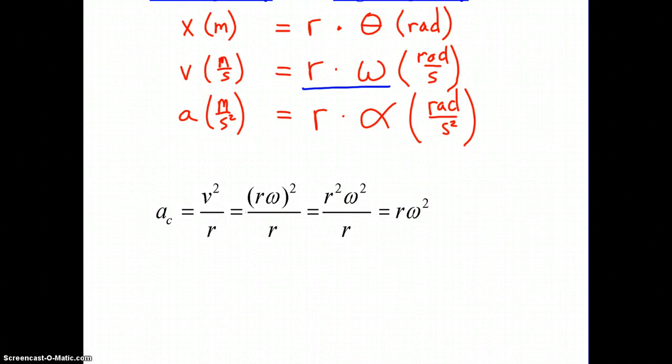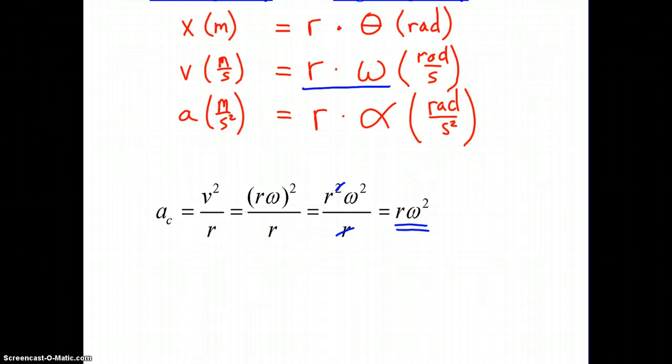So in place of v, we substitute r omega. We then square it and place it over r. (r omega) squared would be r squared omega squared. And of course, what happens is that the r cancels out one of the squares, and we end up with r omega squared as another way to calculate centripetal acceleration.